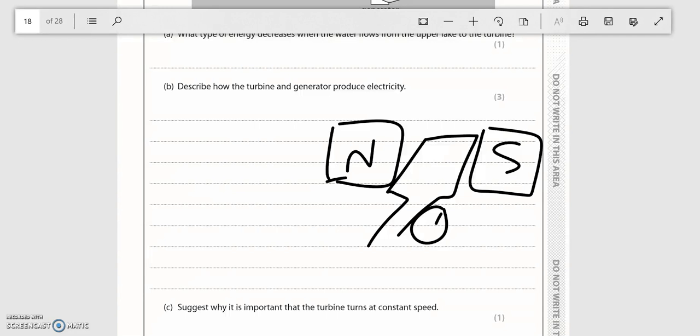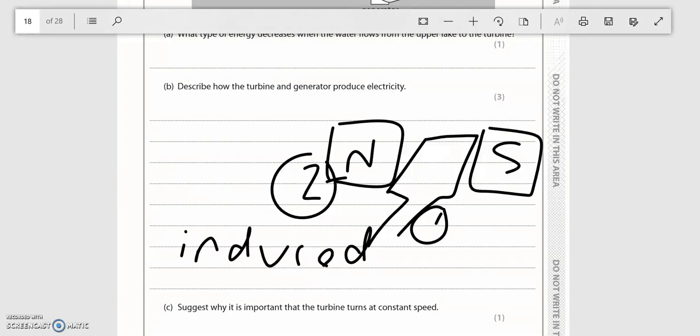Doesn't need to be an electromagnet. The third mark is that when that happens, current or voltage is induced. So it links to that electromagnetic induction rather than energy transfer, in or across the coils of the wire.